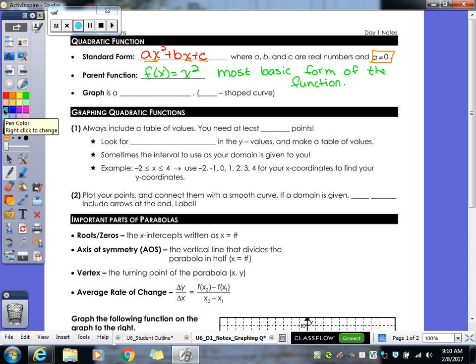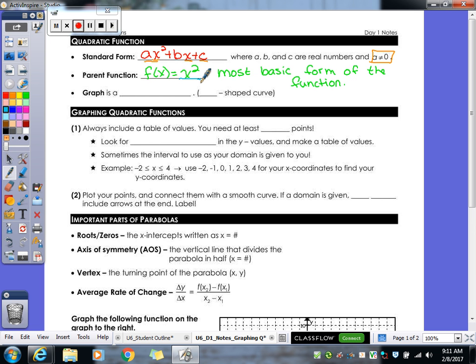So what happens from there is you've got your parent function, your x squared, and then what they can do is they can take that x squared and they can move it all around the graph. They can move it up, they can move it down, they can move it left, they can move it right, they can flip it over an axis and reflect it. They can make it wider, they can make it narrower, but this is the starting point. This is your parent function, your x squared.